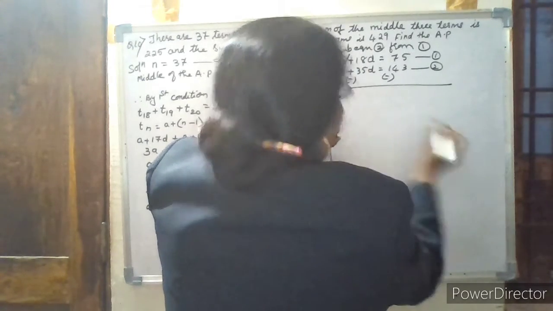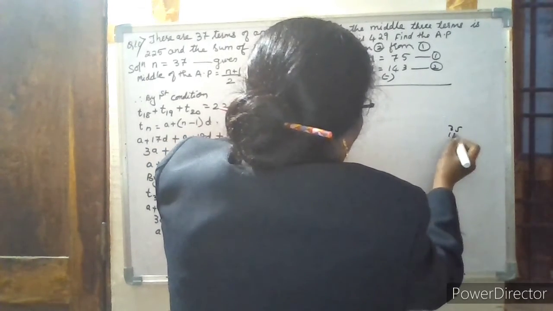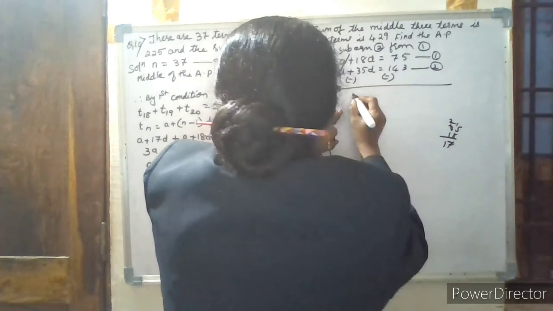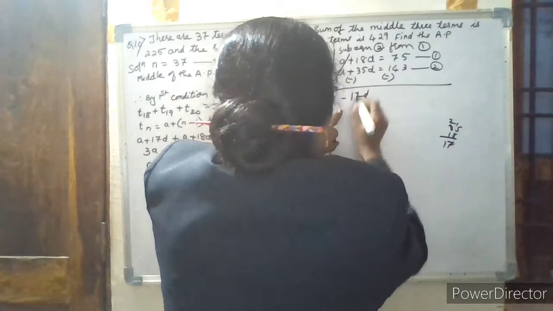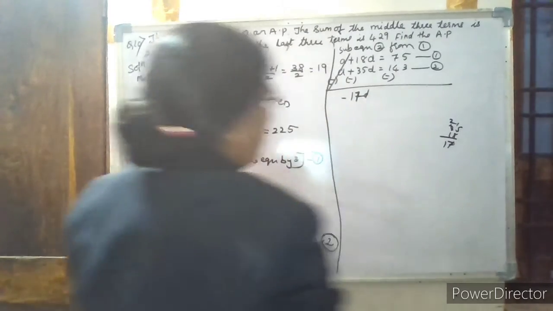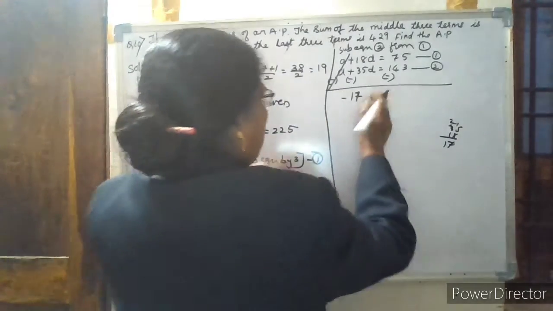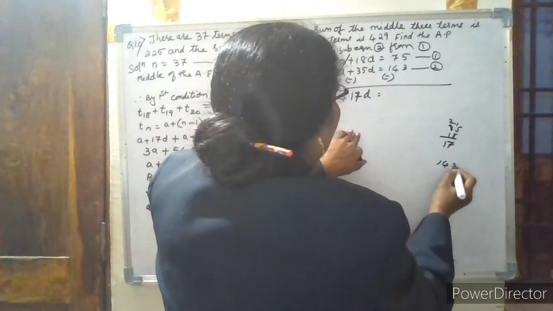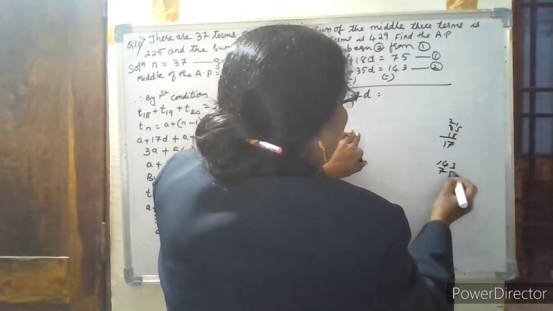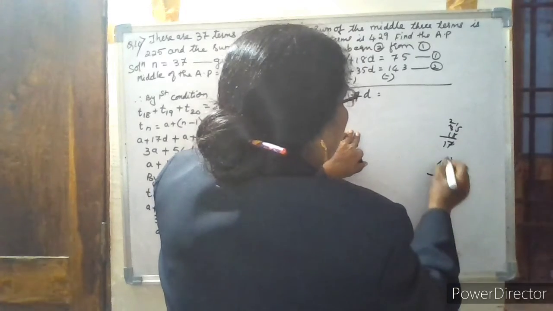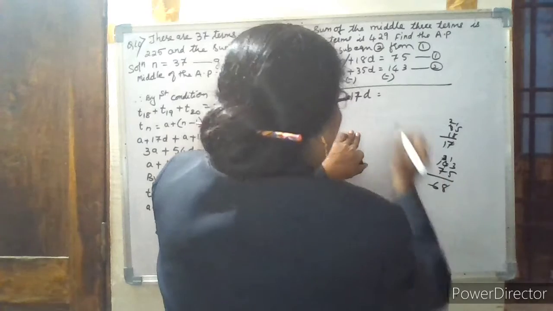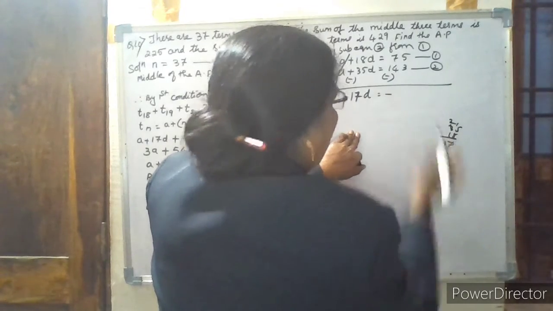This is 35 minus 18, which is 17d, is equal to 143 minus 75, which is 68.